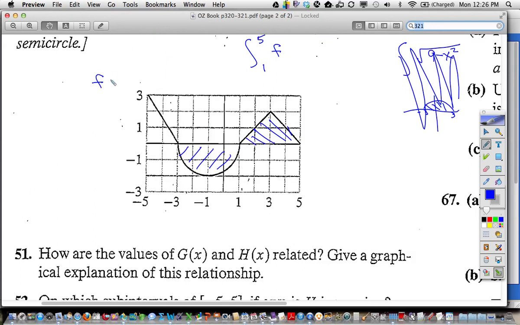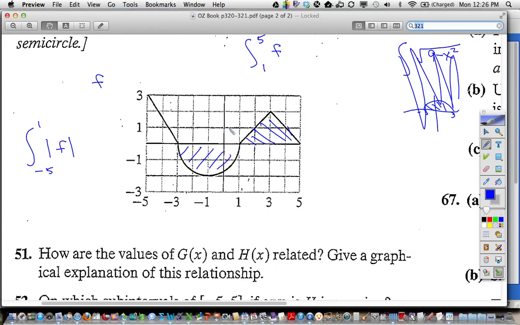Okay? Now, another thing we did talk about in that section was absolute value. What if I asked you for the absolute value of f? And that came up on your homework here a little bit. What if I asked you about the area from -5 to 1 of the absolute value of f? What would you do? Just flip the circle up. That's what absolute value does.